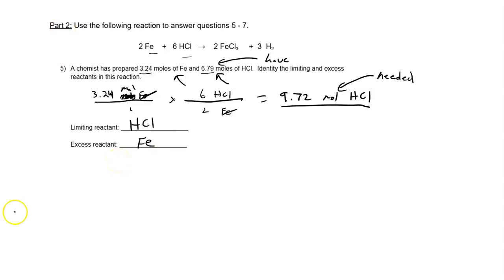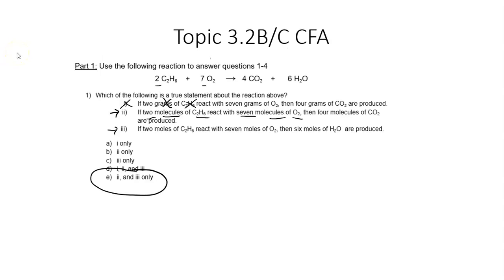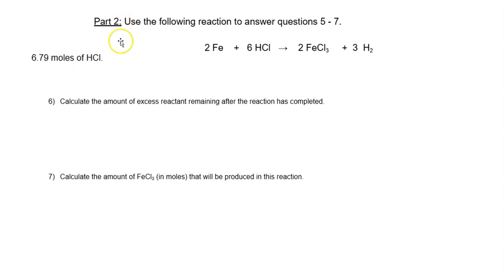Okay? Now, moving on. Next question is calculate the amount of excess reactant remaining after the reaction has completed. So when I do these, predicting how much gets used, how much is left over, we always have to use our limiting reactant we just identified, right?